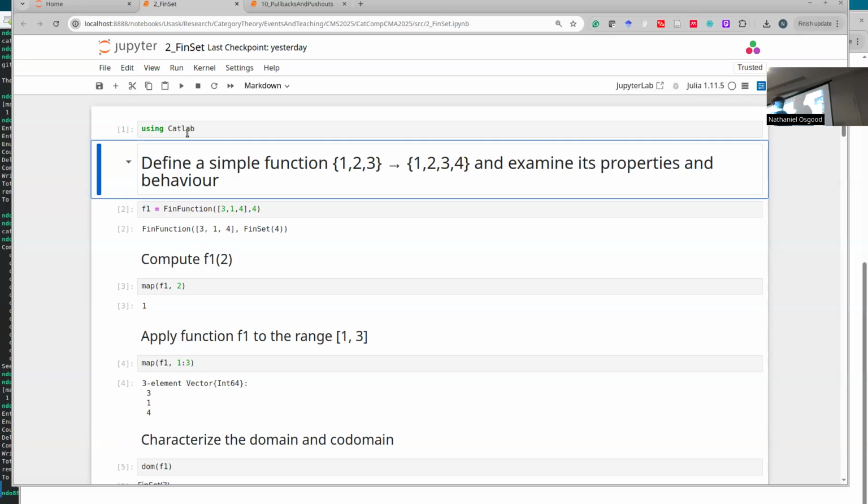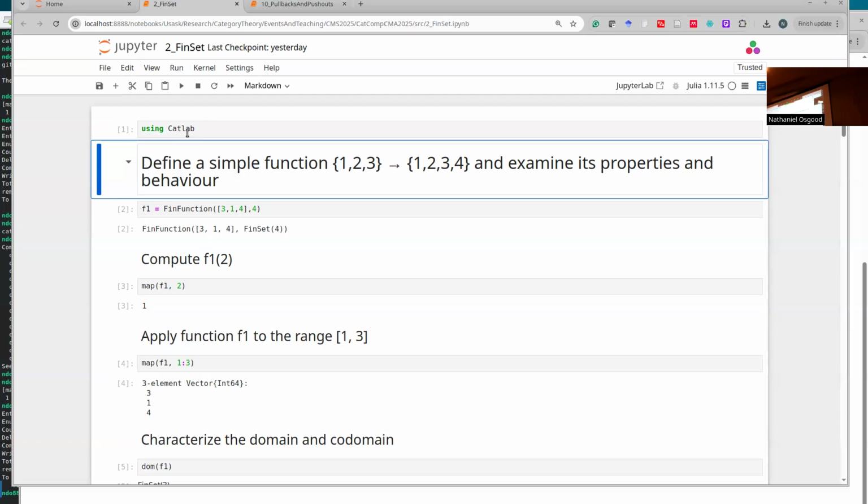We're going to be operating in the category of FinSet, and this category has objects, which are finite sets. But what's really interesting, even more so, is the morphisms between them, the arrows between them. So each of these is a finite set. This one might be the finite set 1.